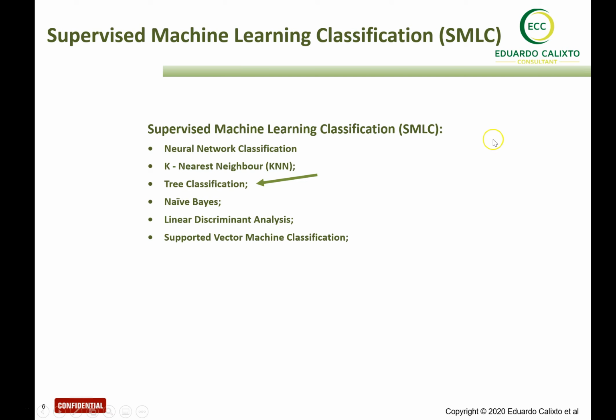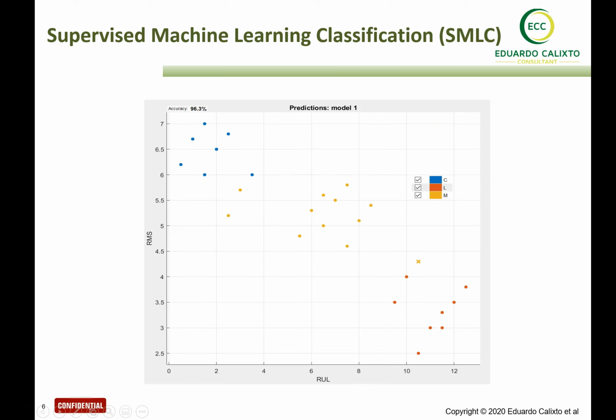Concerning supervised machine learning classification, we have different models, and what we are discussing now is the decision tree classification. In the end, we get the equipment criticality alert level for three different classes: catastrophic, moderate, and low.